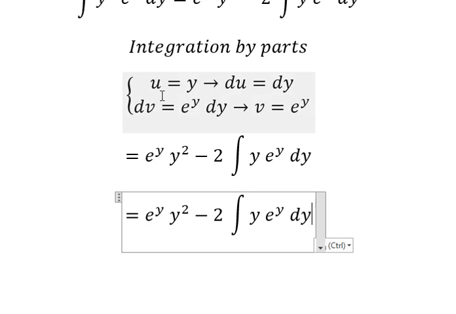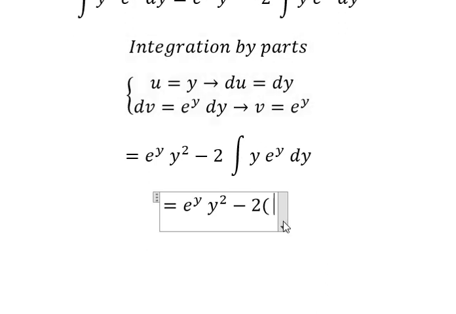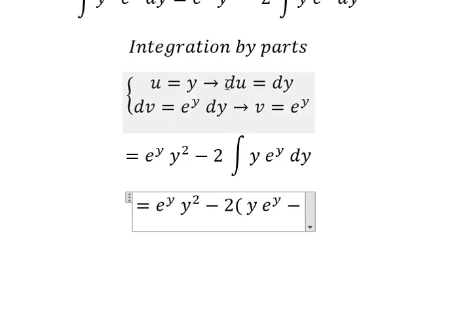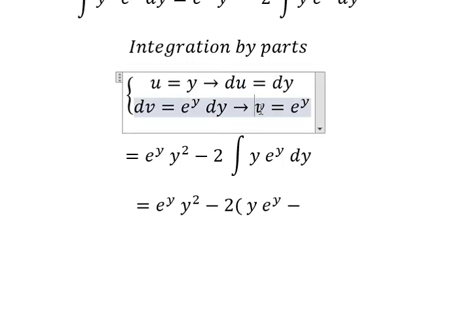So we have u multiplied by v minus the integral of v du.